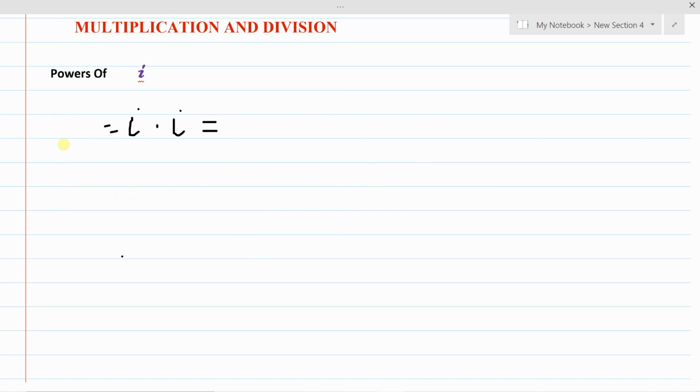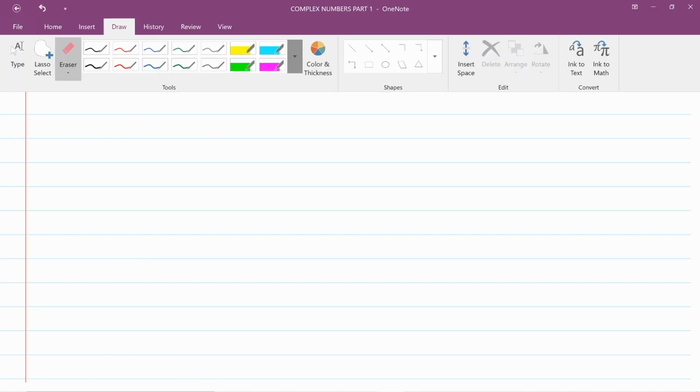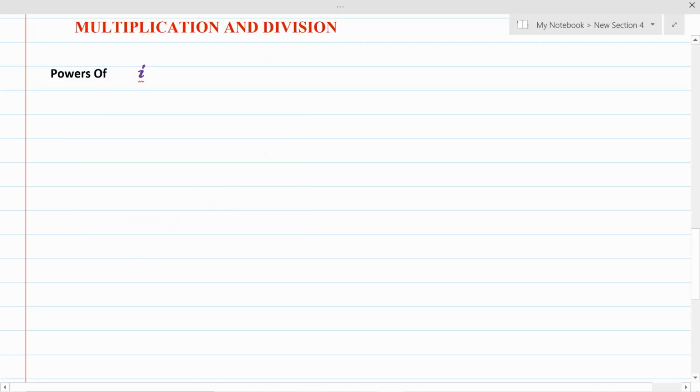The reason I stopped at i to the power 4 is that if you continue to i to the power 5, it will simply be i to the power 1 times i to the power 4, from indices. And i to the power 4 is 1.